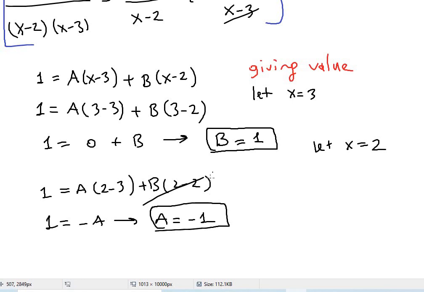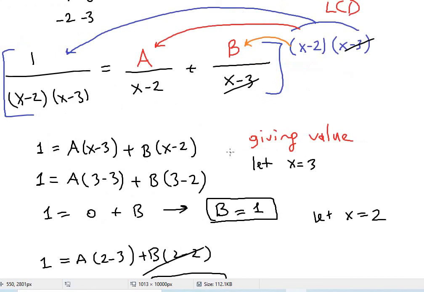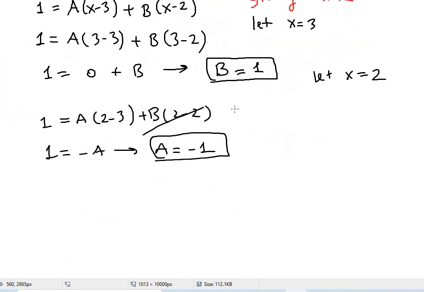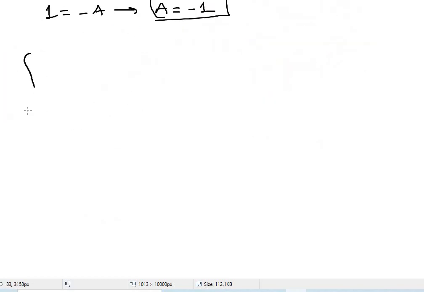So now we know that A is negative 1 and B is 1. So let's replace A as negative 1 and B as 1. Our new integral will be negative 1 over x minus 2 plus 1 over x minus 3 dx.